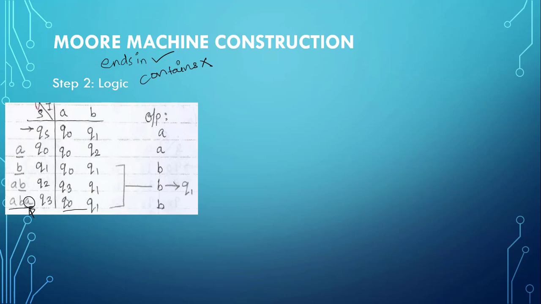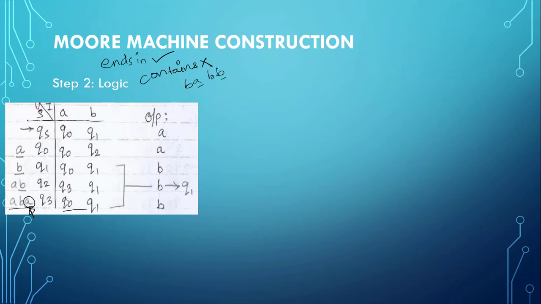So here from Q0 we will stay in the same state unless and until it finds the next symbol as B, then we will transit to Q2 state. From Q1 we will go to Q0 and Q1, because then it becomes BA and BB type of string.